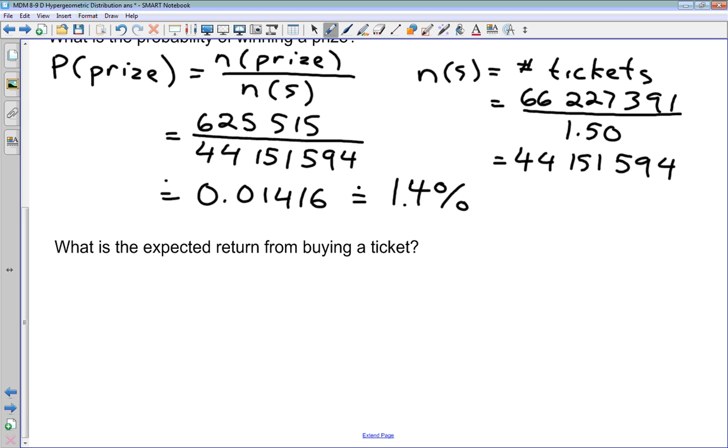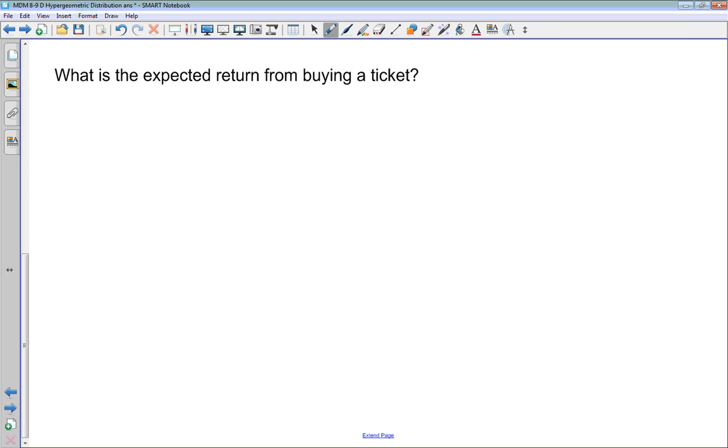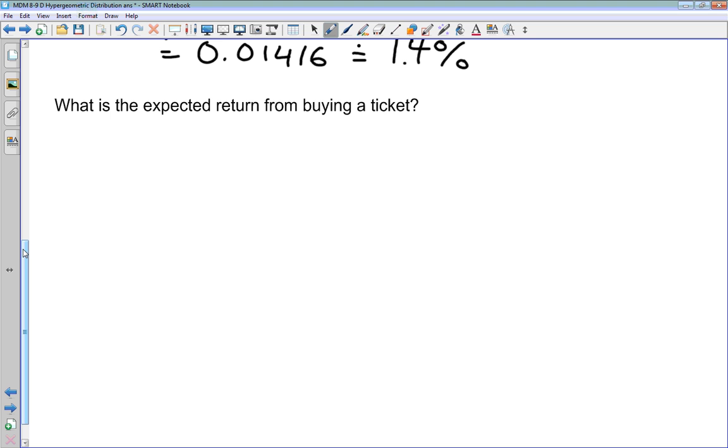The second part of our question here is, what is the expected return from buying a ticket? So remember, expected value means if you were to perform this experiment over and over again, buy a ticket over and over again, on average, how much money would you get as a return from buying each ticket? So this relies on understanding what we mean by expected value. We have to think of this as a weighted average.